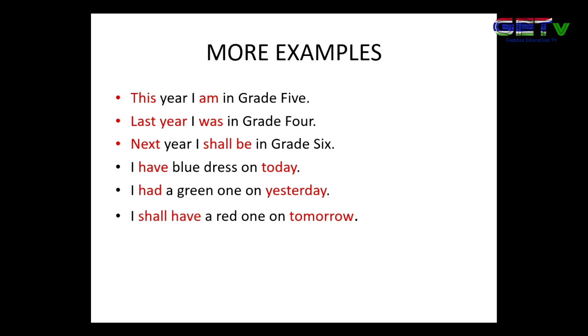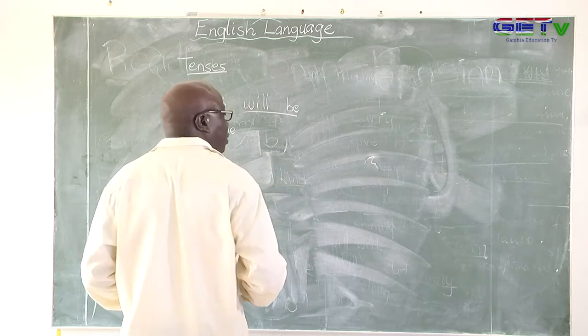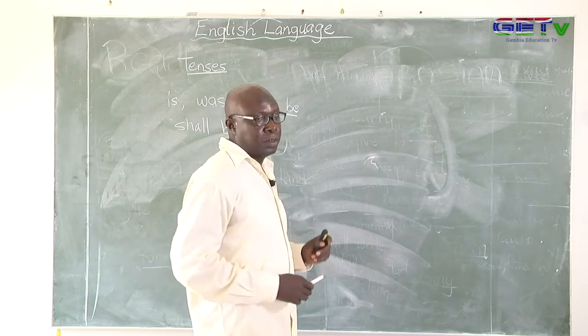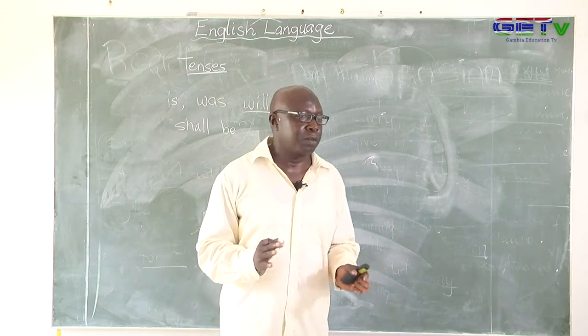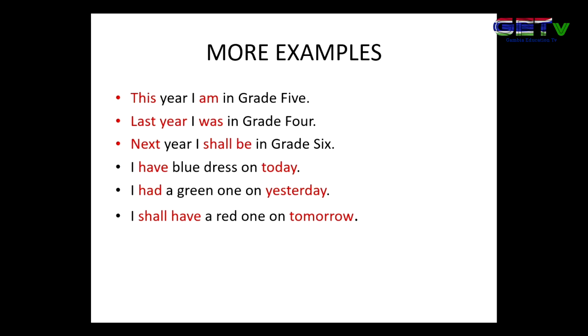Okay? Shall, will, shall be, will be. These ones are almost the same. They are slightly different. Okay, we'll explain that later on in our other lessons, but they all carry the same information. I have, for example, another three.